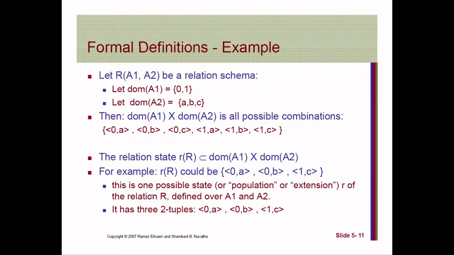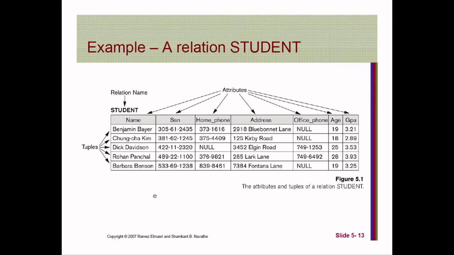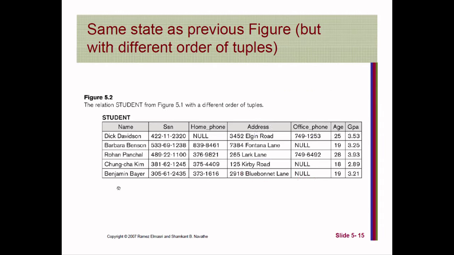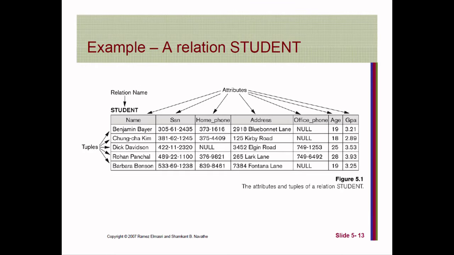The order does not matter. So if I change the order of the tuples, putting Benjamin last and Chung second last, it does not affect the relation state. It is the same state. So this figure and this figure show the identical state of the relation student. The relation state has not changed at all.